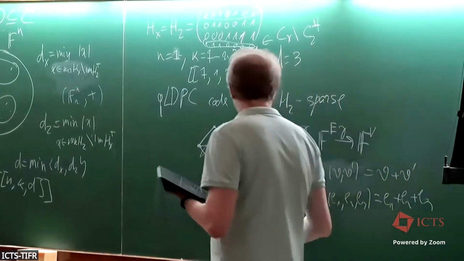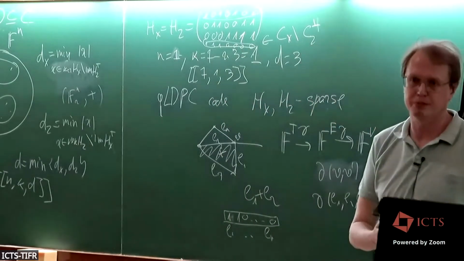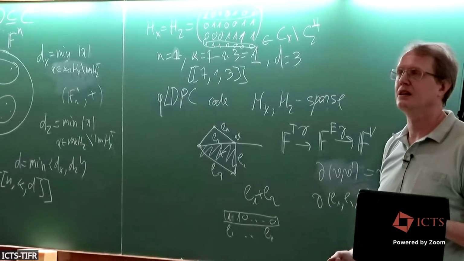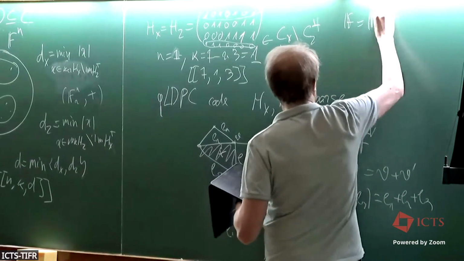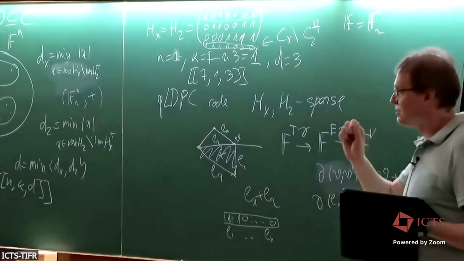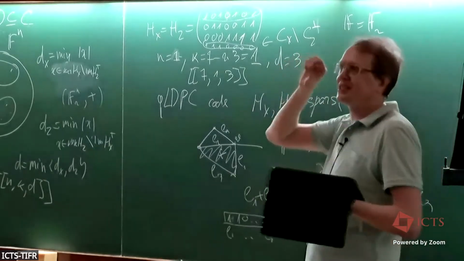And now let us consider the kernel of this map. What is the kernel of this map? F is always F2. That's important. In my slides today, it is F2, or at least it has characteristic 2.